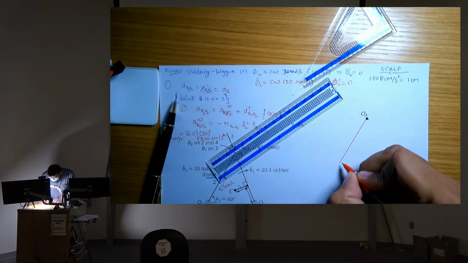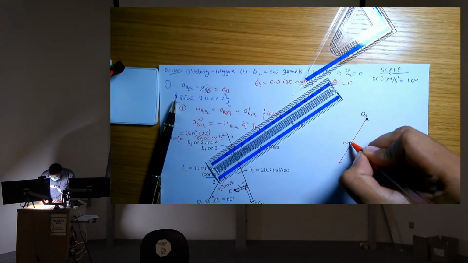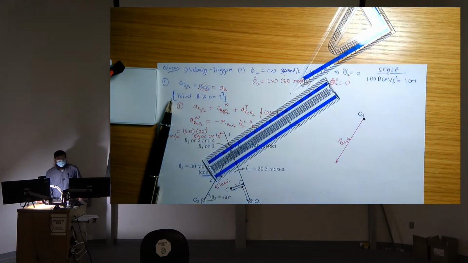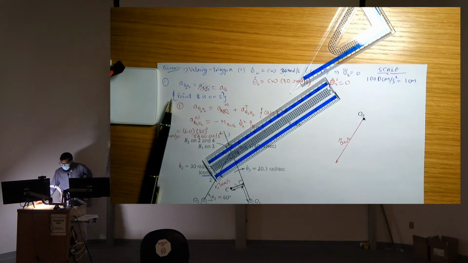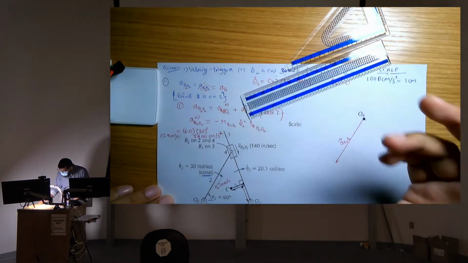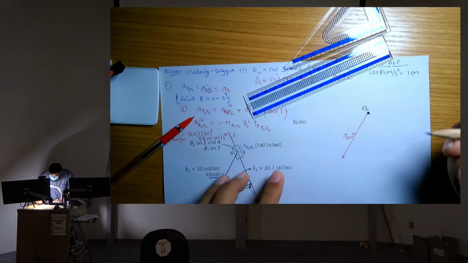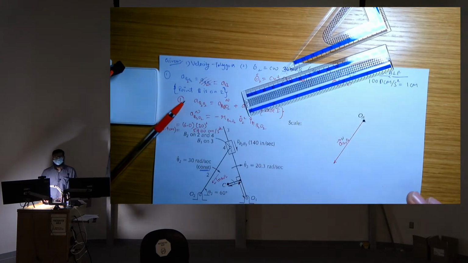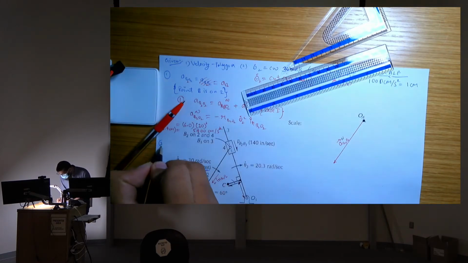So this would be your AB2O2. Now we have AB2O2 in our diagram, with the magnitude and the direction. This is what you can call the normal component. Let me unmark it in a virtual way. For right now, we'll say this is the normal component.